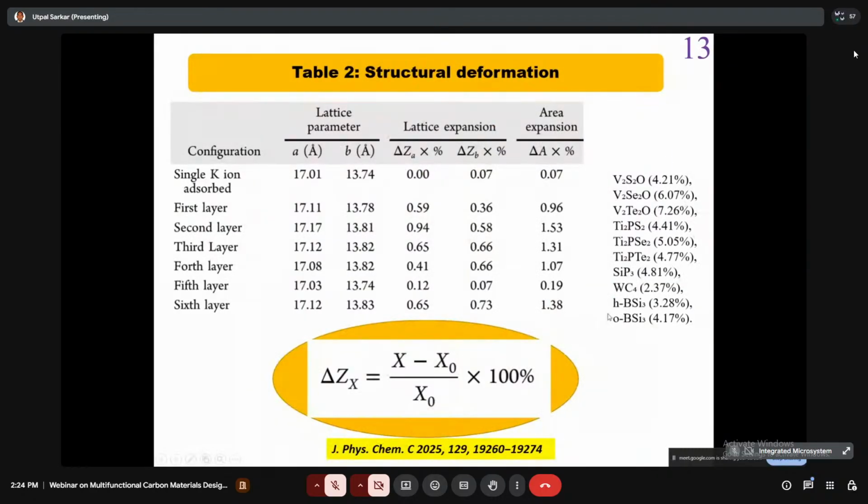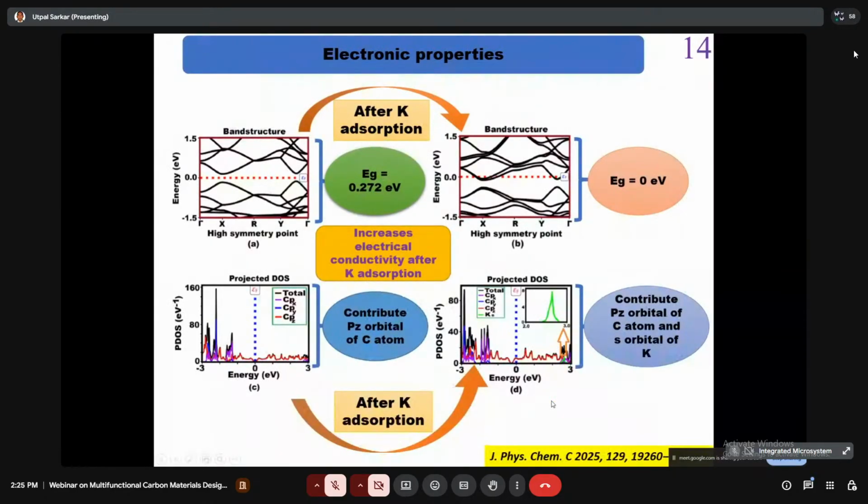For other two-dimensional materials available in the literature, the structural change is basically 4 or 6.07%, so it's much higher. The structural deformation is much larger for other materials, whereas for naphthalene, the structural deformation is very less. So this system is very stable for absorbing potassium ions.